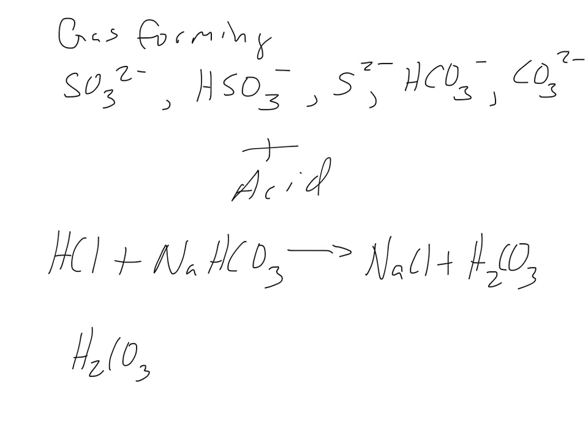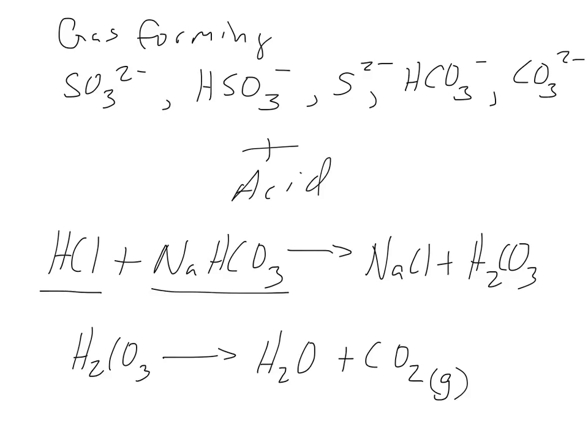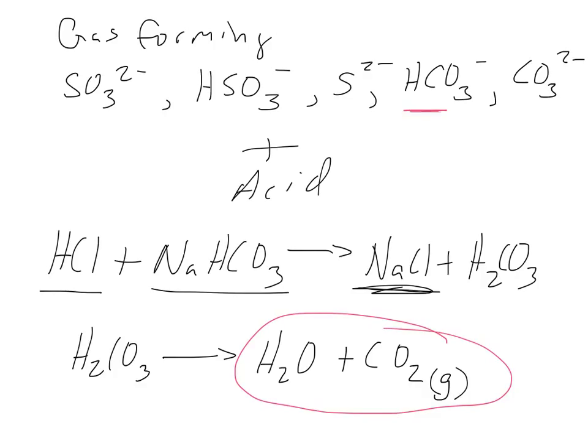H2CO3, carbonic acid, is unstable and undergoes a decomposition reaction to form water and CO2. This is our gas, okay? The gas in our gas-forming reactions. So, whenever I have an acid plus a hydrogen carbonate, I'm going to make my salt, but I'm going to make water and CO2 here, okay? So this is for hydrogen carbonates and carbonates. I'm going to make water, CO2, and my salt, okay?